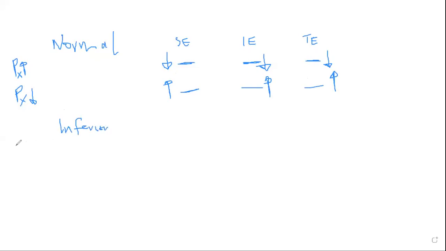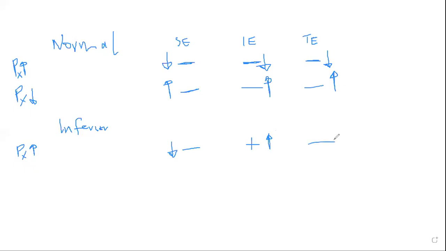For an inferior good, price of X goes up, substitution effect is always negative, so it is going to come down. Income effect is positive here, so it's going to come up. Now, the total effect is negative because for inferior good, the demand curve is also downward sloping.